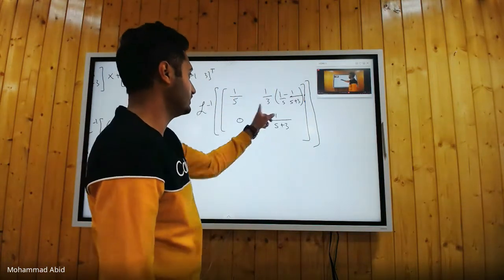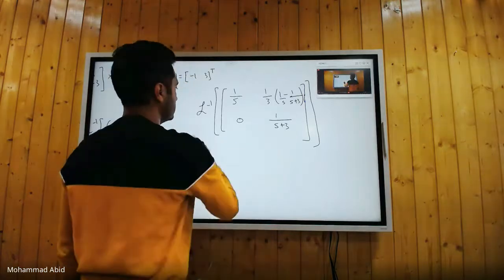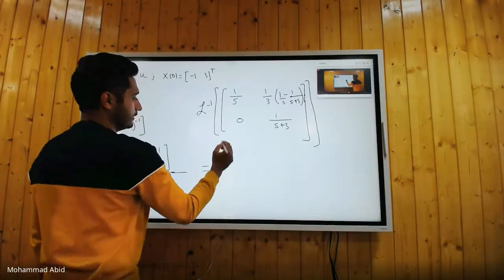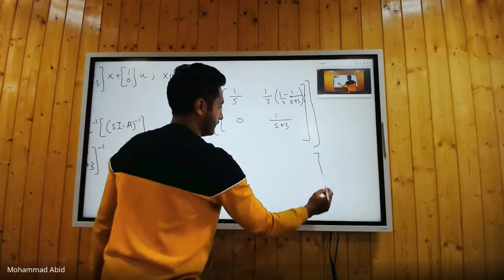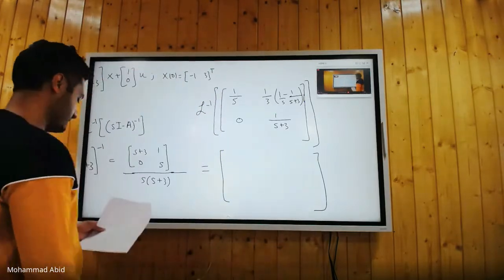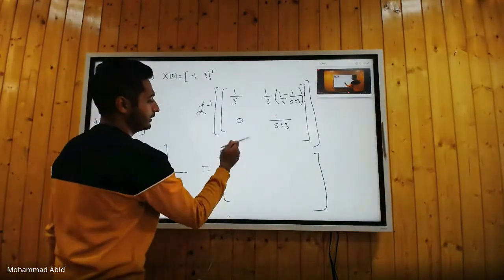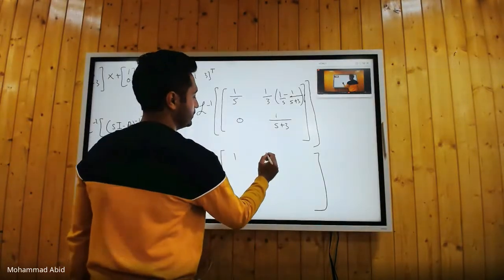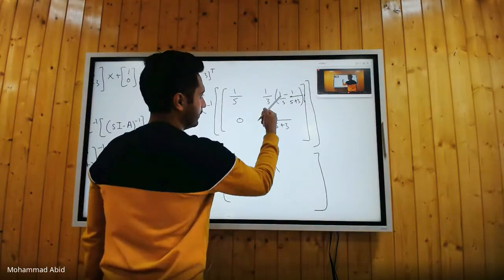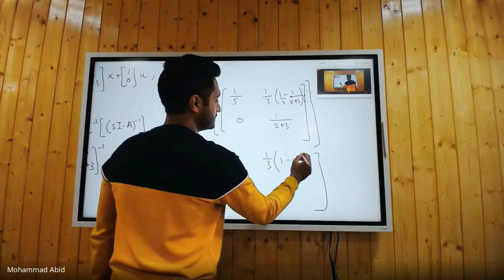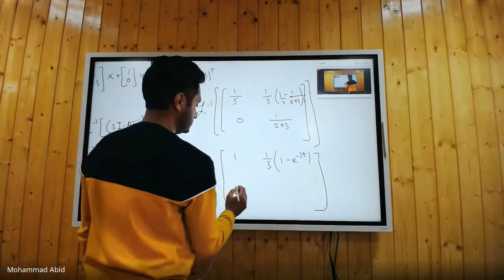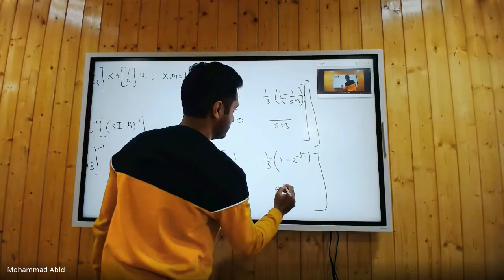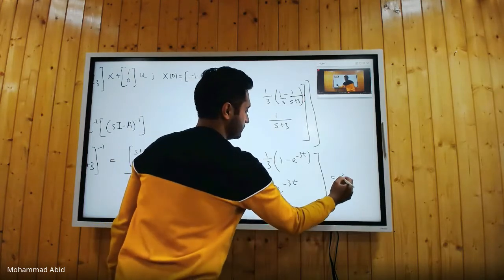You can take 1 by 3 outside, and this is the partial fraction: 1 by 3 times (1 by s minus 1 by s plus 3). Now take the Laplace inverse. Laplace inverse of 1 by s is 1. So this is 1 upon 3 times (1 minus e to the power minus 3t). This is 0, and this is e to the power minus 3t. That's your e to the power At.